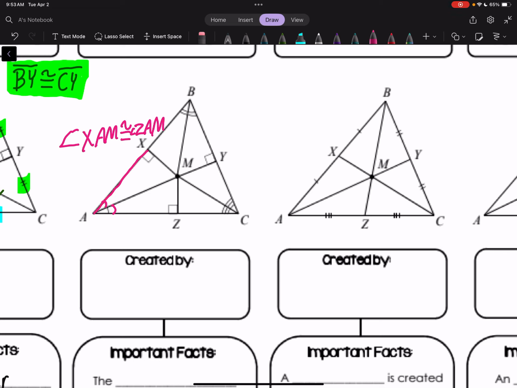X to A to M, that angle is congruent to Z to A to M. Okay? Likewise for XBM, MBY, and YCM, MCZ. These are created by angle bisectors.